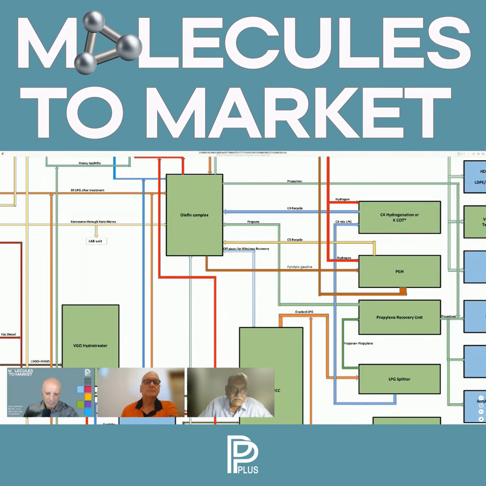Logistics with respect to crude being brought into the plant and the product being evacuated. How far are my major consumer centers, both for the refineries and for the distillates as well as for the petrochemicals?